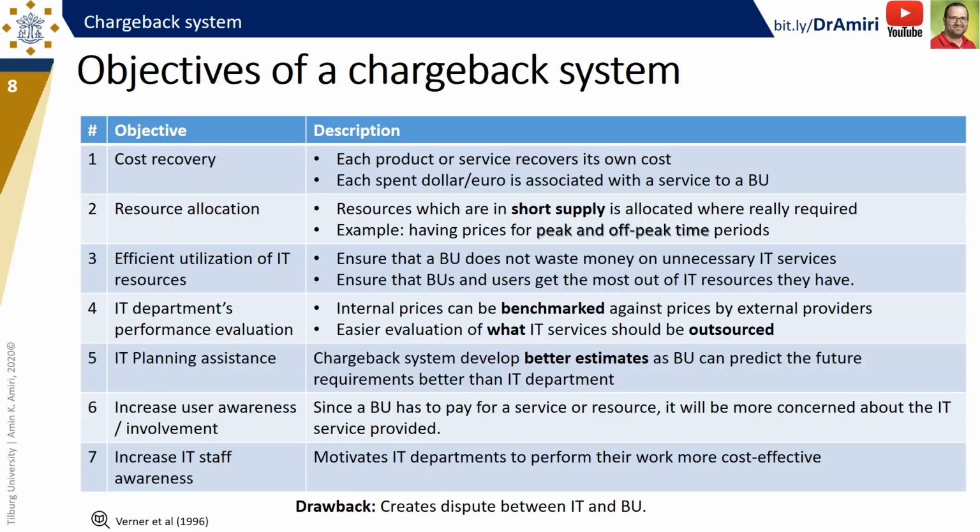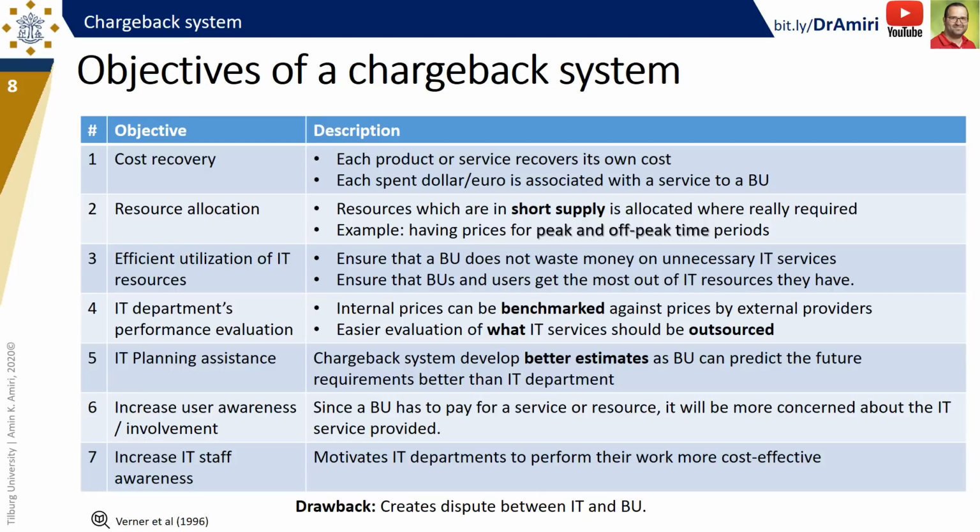The third objective is efficient utilization of IT resources. We want to make sure that a business unit does not waste money on unnecessary IT services. We want them to use the IT resources in a productive manner.